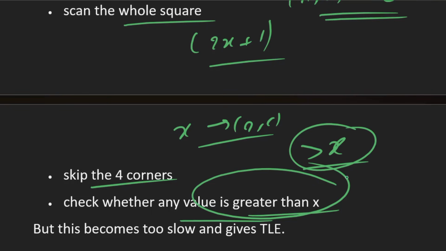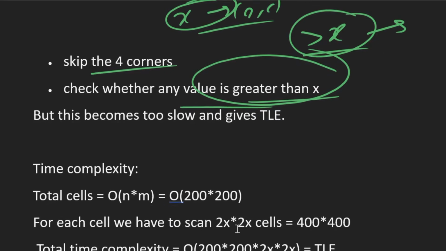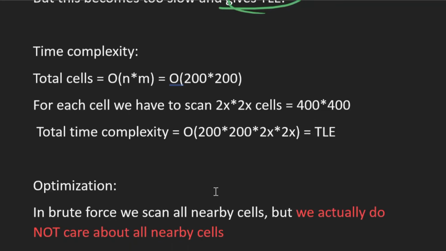If any value is greater than x, then the current cell is not a local maxima, else it is a local maxima and we increase our count. But the thing is that our brute force approach is too slow, and it will give us time limit exceeded. So let's see the time complexity of this approach.